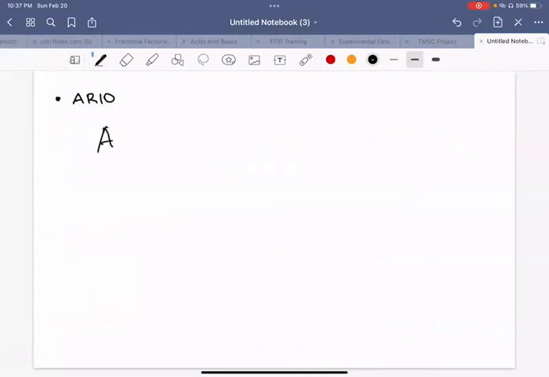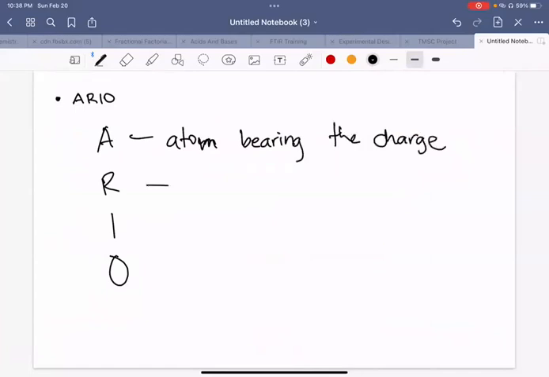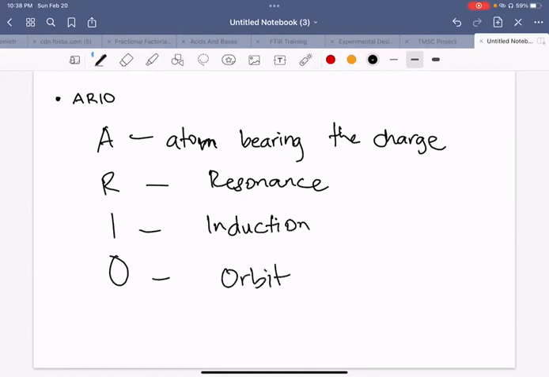ARIO here stands for, this is the atom bearing the charge. R here is resonance. I is for induction. And O is for orbital hybridization.